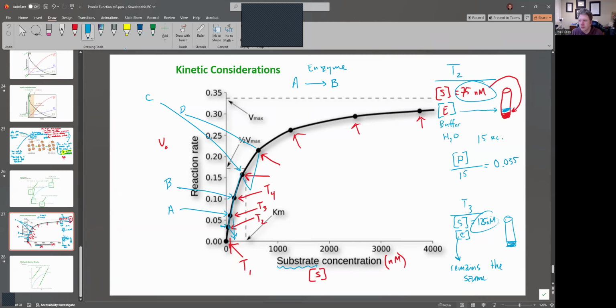This isn't an economics class, but nevertheless, as we add more and more substrate, the reaction rate will continue to increase, but will increase at a slower pace.